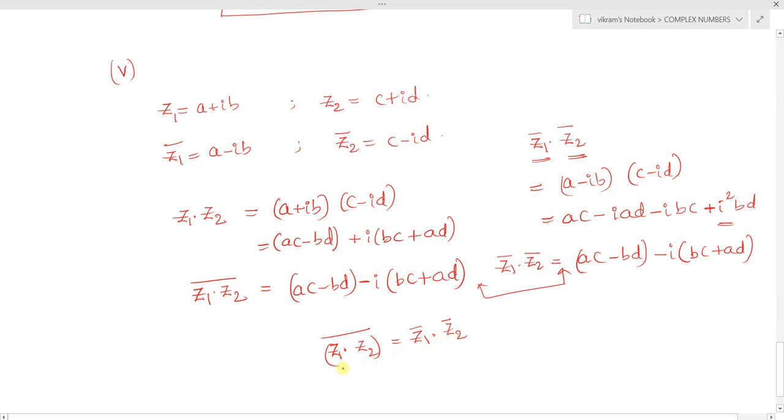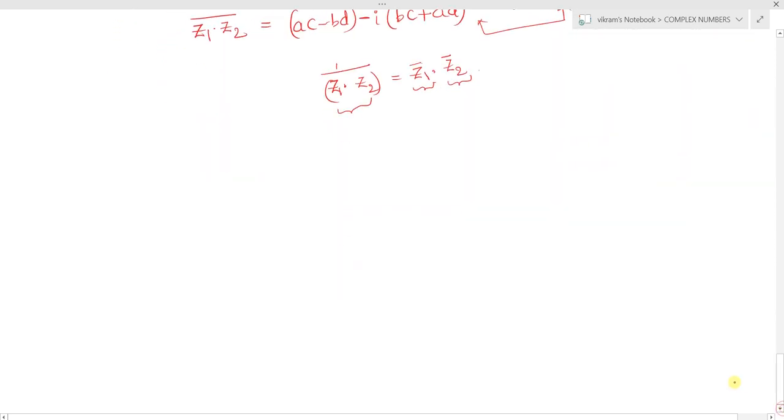I am repeating it again: the conjugate of the product of two complex numbers equals the product of their individual conjugates.